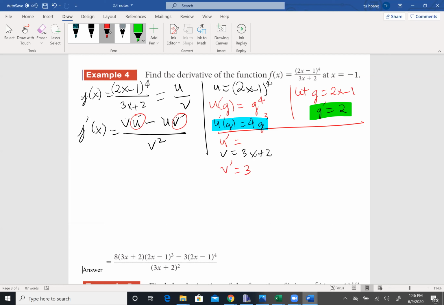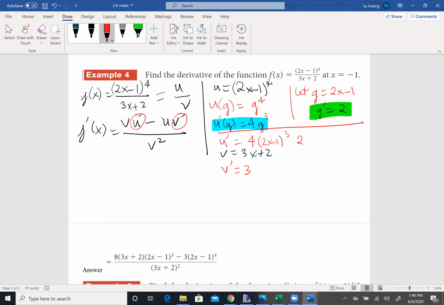So I would like to write it as: the outside function is 4 times g to the power third. What is g in here? 2x minus 1. Okay, and multiply with g prime, which is 2.